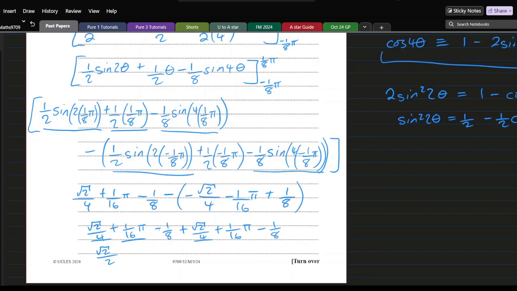Then 1 over 16 pi plus 1 over 16 pi, that's 2 over 16 pi, so 1 over 8 pi. And then minus 1 over 8 minus 1 over 8, that's minus 2 over 8, so minus a quarter. And this here is our final answer.